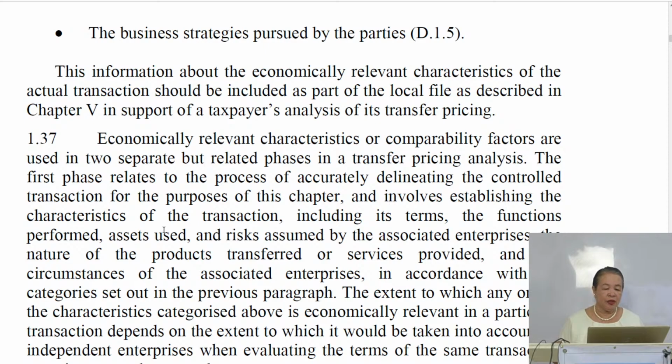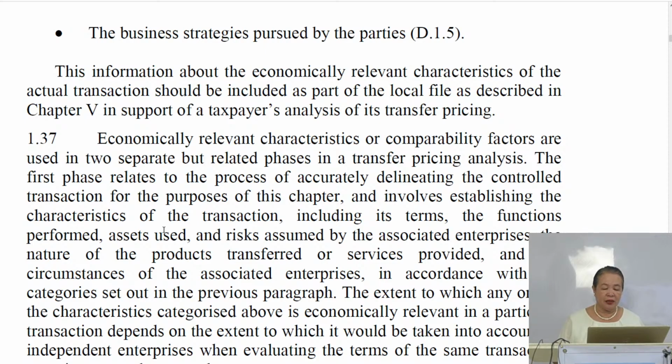The information about economically relevant characteristics of the actual transaction should be included as part of the local file as described in Chapter 5, in support of taxpayers' analysis of its transfer pricing. So, importante yung transfer pricing analysis in the study of transfer pricing.